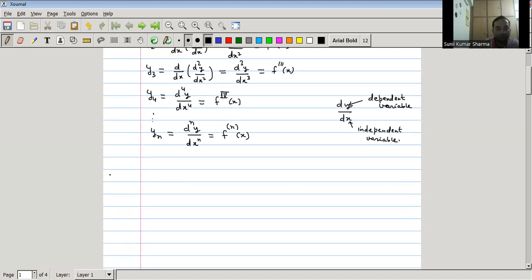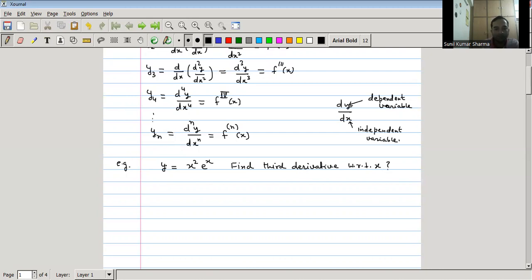So let us discuss one example. If we have y is equal to x square e to the power x, and we have to find the third derivative of y with respect to x.